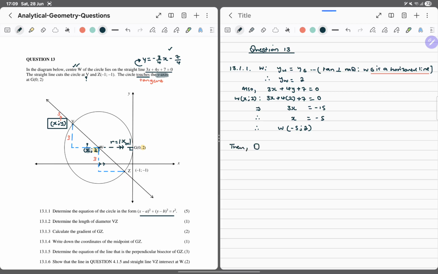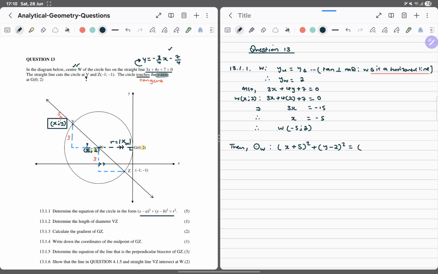Then we will understand that our circle W is given by x minus the x coordinate of W, which is minus 5, which becomes plus 5, all squared, plus y minus the y value at W, which is 2, all squared, equals.